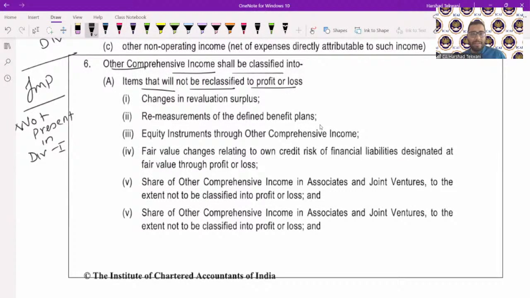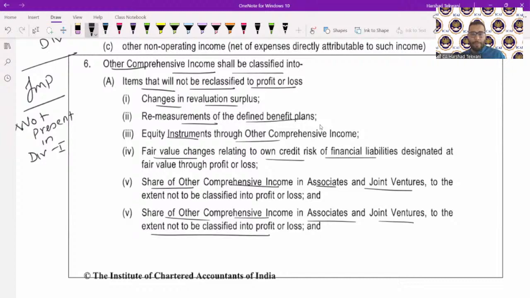Changes in revaluation surplus, remeasurement of defined benefit plans, equity instruments through OCI, fair value changes of own credit risk of financial liabilities, share of other comprehensive income of associates and joint ventures, to the extent not to be reclassified to the profit and loss account.